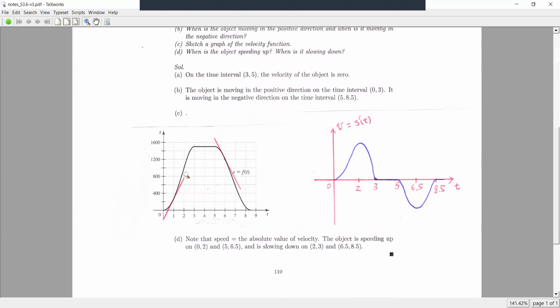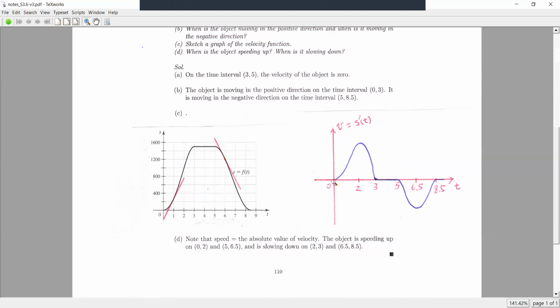Beyond 2, the slope of the tangent line starts decreasing. At time 3, the tangent line is horizontal, so at time 3, the slope there is 0. So the graph of the slope between 0 and 3: at time 0, slope is 0.